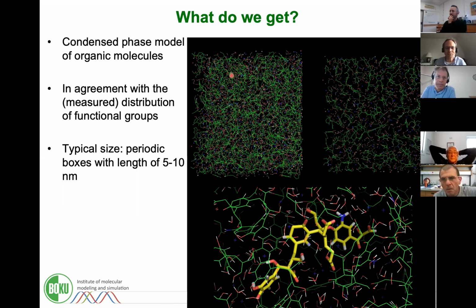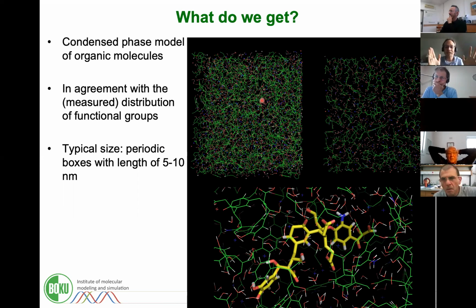Here's just a representation of it. This looks very messy, but I can zoom in on individual molecules. Here we see one of those molecules embedded in a whole set of other molecules, lots of waters around, etc. The boxes we simulate are typically 5 to 10 nanometers in size.